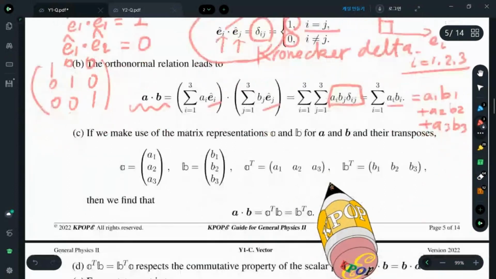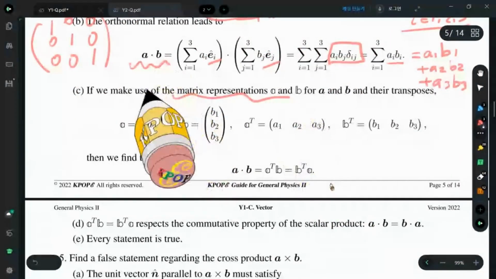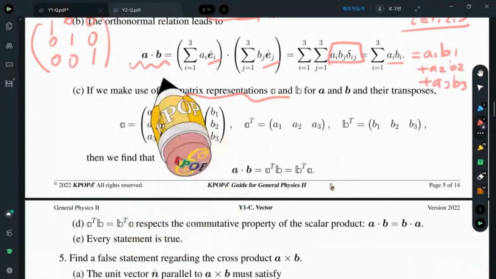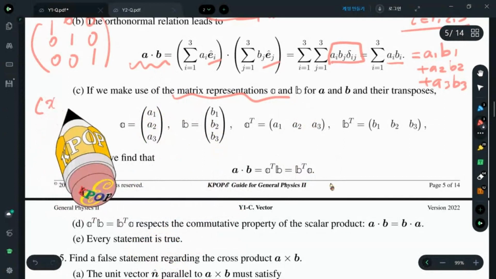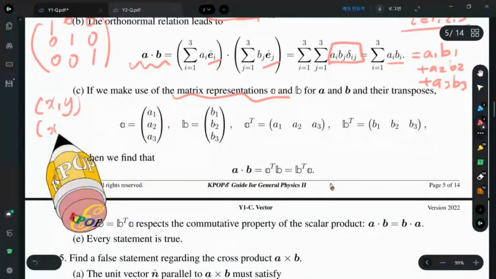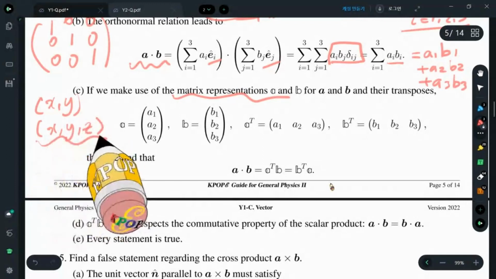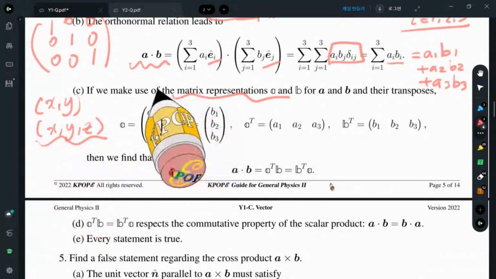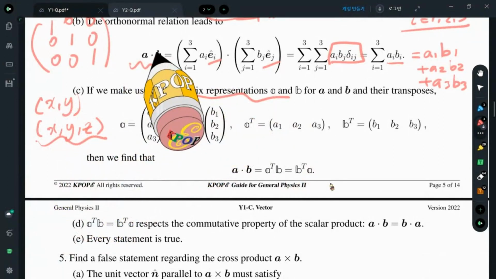From this, we can construct a matrix representation of a vector. Usually, you have been using this kind of ordered number, x comma y comma z, and this is actually the matrix representation of the Euclidean vector.